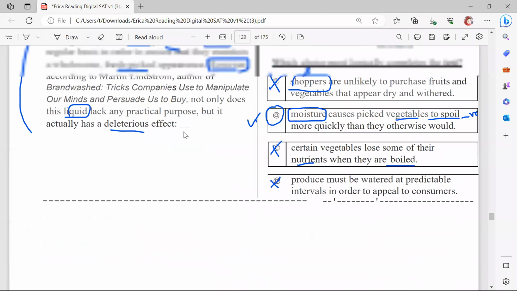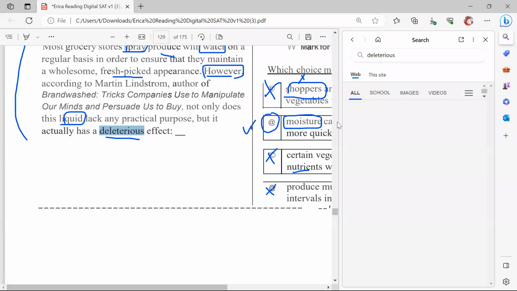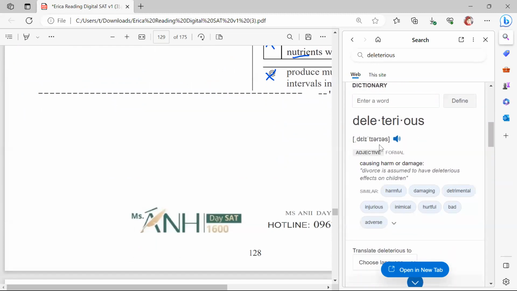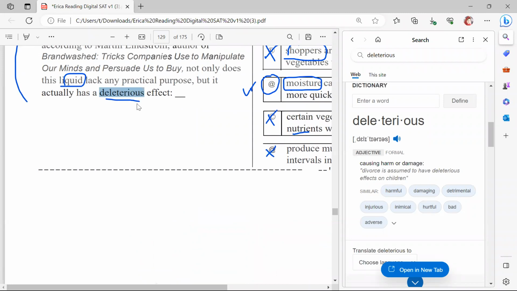Let me show you. I select the word and then click on search, and here I got the meaning immediately: harmful, damaging, detrimental. So it's so easy, guys, to increase your vocabulary storage by looking up the words that you do not know on the spot.